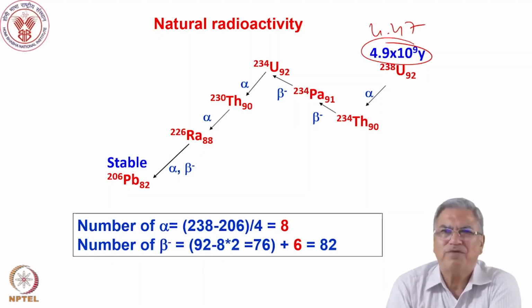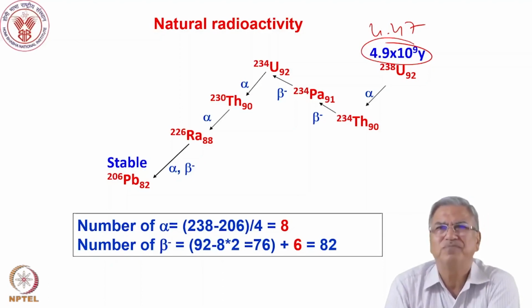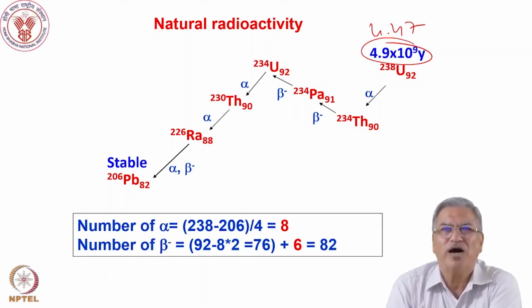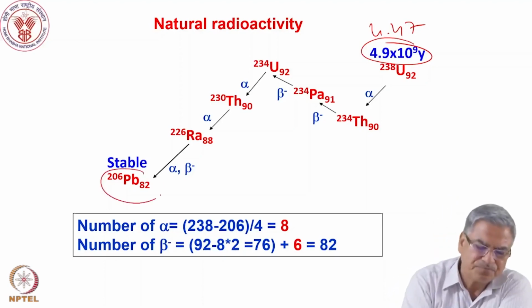Thorium-234 has a half-life of 24 days, then goes to protactinium-234 by beta minus decay, and then to uranium-234 by beta minus, and again a series of alpha decay and beta decay take place, and finally it ends up with lead-206.